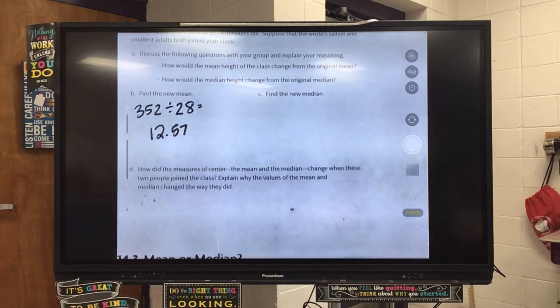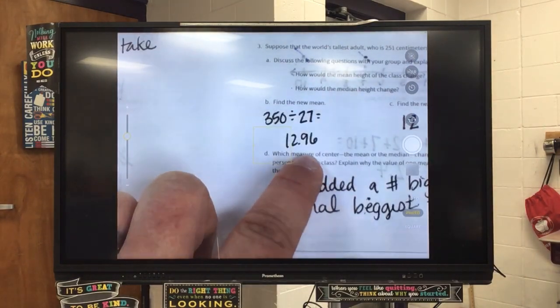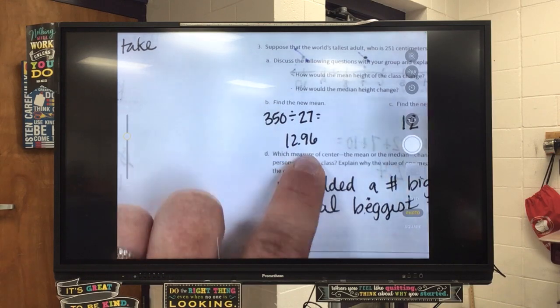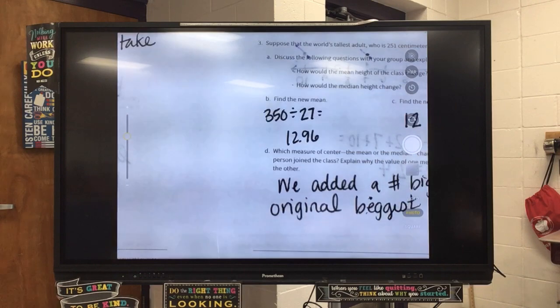So Addie said, okay, Miss Lynn, I'm confused because we added a smaller number, so shouldn't our average have decreased? Well, think about your average here. Did it decrease? It decreased. So this is not bigger than that? It is.